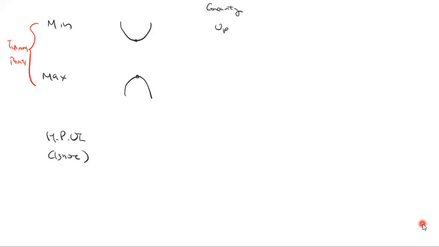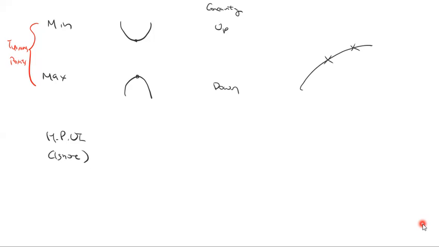And for a maximum, what's its concavity? Down. Now, is it possible to have a minimum with being concave down? No, right? Because if it's concave down, well, it's not the minimum. There's just more to go if it's concave down.